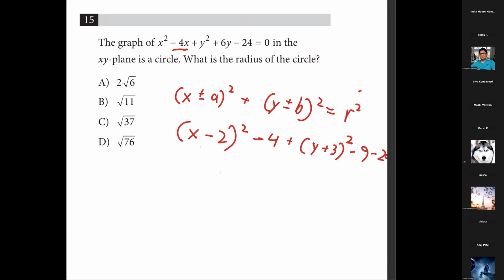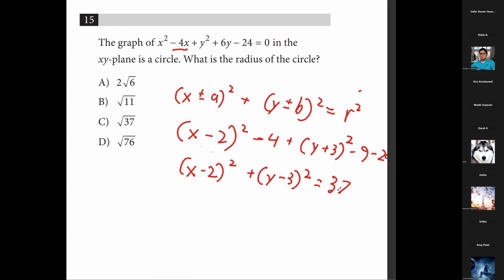And so if we bring all of our constants to the other side, we would get x minus 2 squared plus y plus 3 squared. And then we would have 24 plus 9 plus 4, which is equal to 37, because 24 plus 4 is 28, plus 9 is 37.